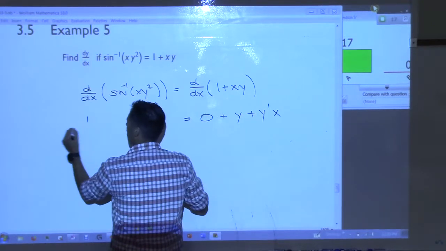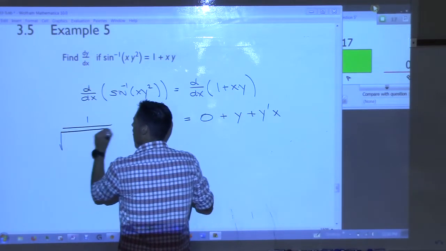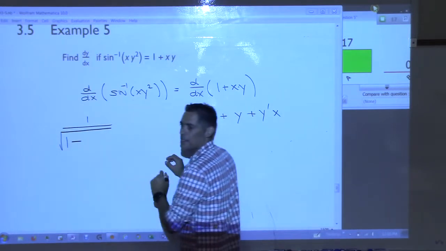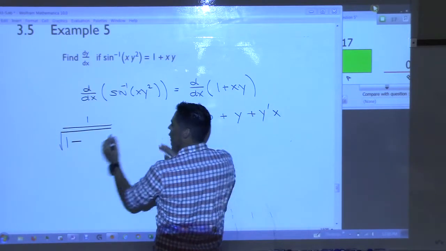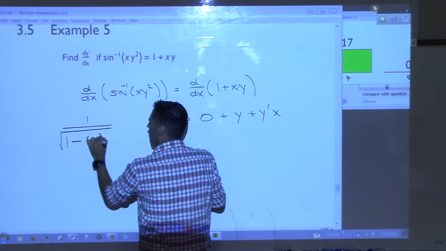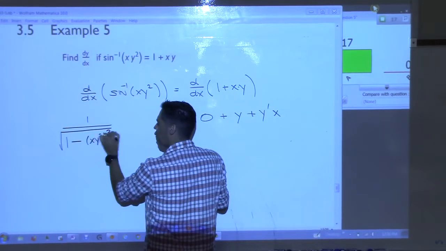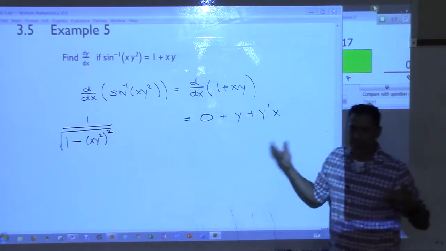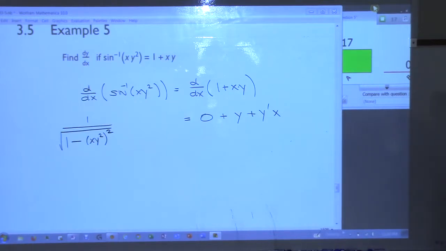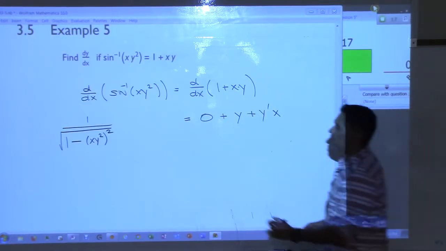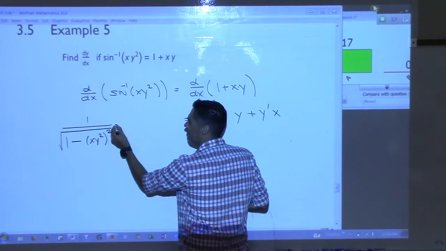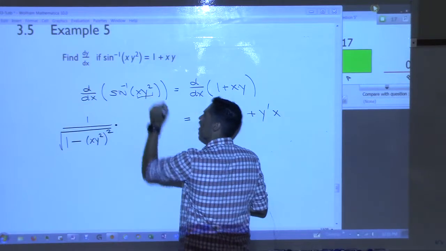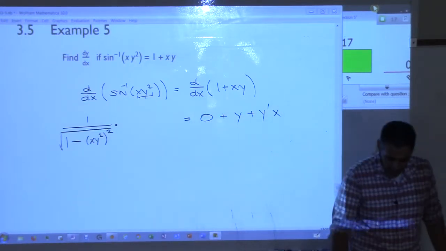Okay, 1 over square root of 1 minus whatever's in here, which is actually xy squared, but then squared, right? That's the derivative of arcsine of something. That's the thing we've added to our arsenal today. But we're not done, right? We now have to multiply that by the derivative of what's in there.